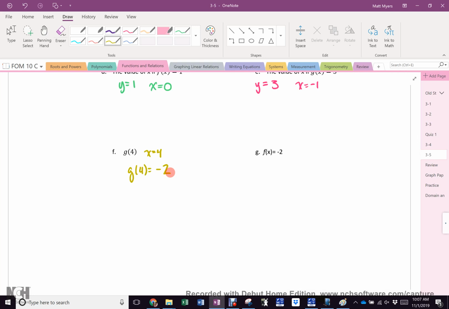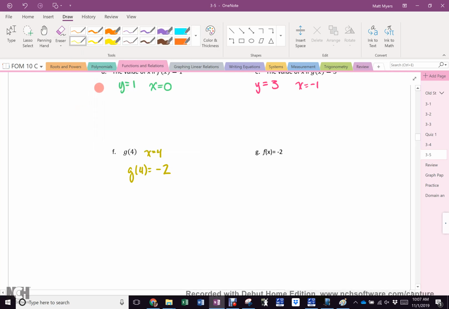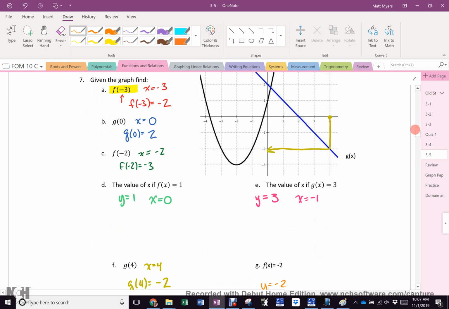Now something weird is going to happen with g. It is a little bit scary. It's not. Is this an x or a y value? y equals -2. So where do I go? I go down to -2, correct? Now I need an x value, right?